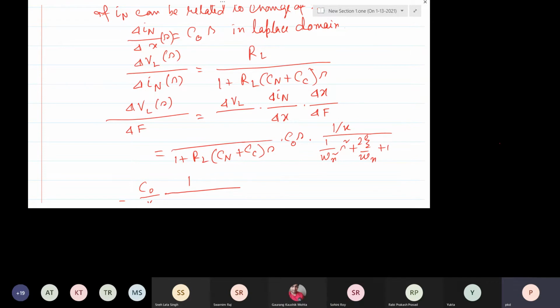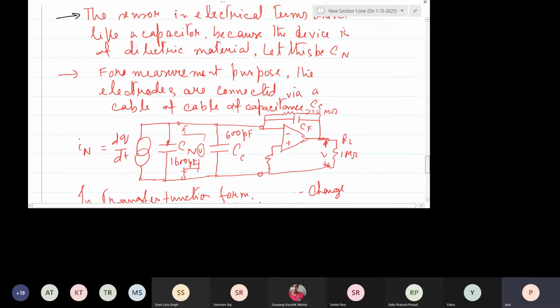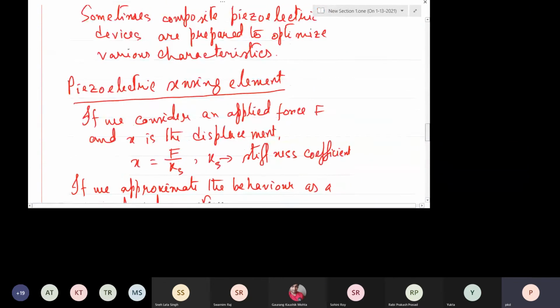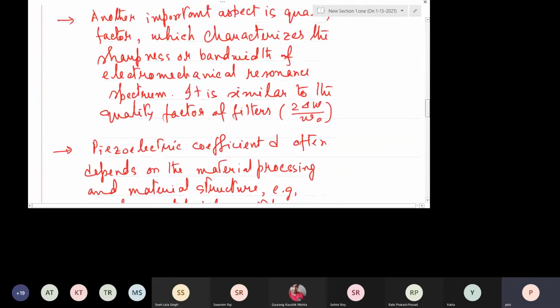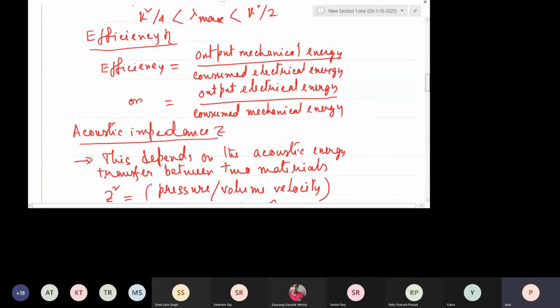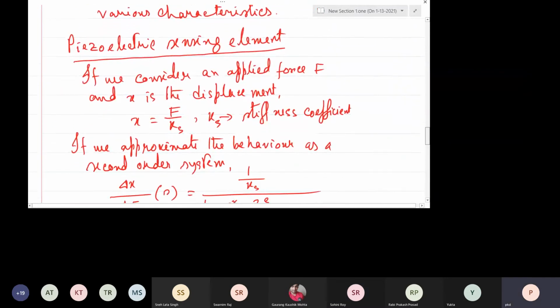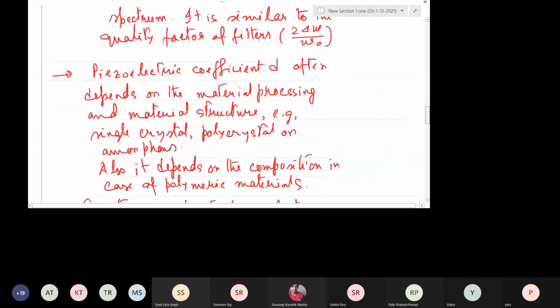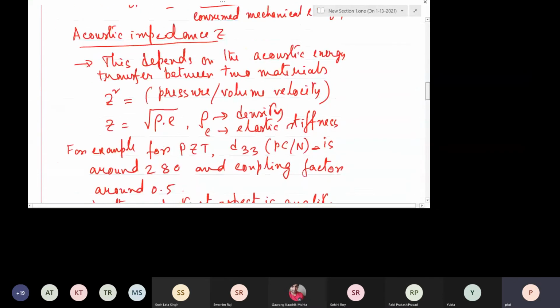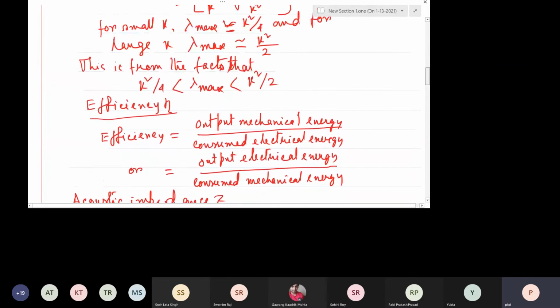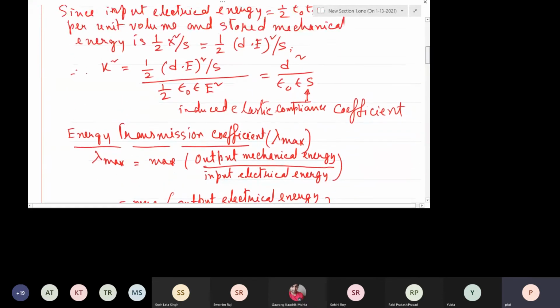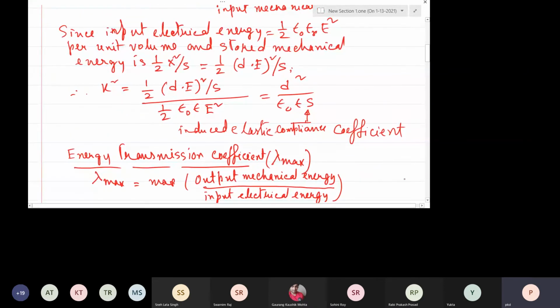Here I erroneously wrote stored mechanical energy. Actually stored mechanical energy was this one.